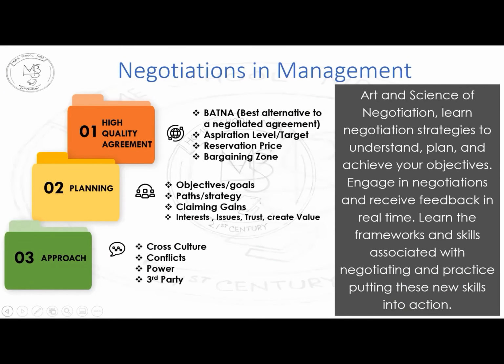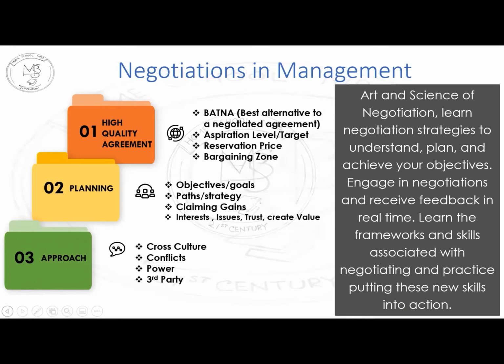What are various strategies of negotiation? Well, there are a number of strategies, but mostly I would discuss, say, two or three of them. The most important is win-win strategy.